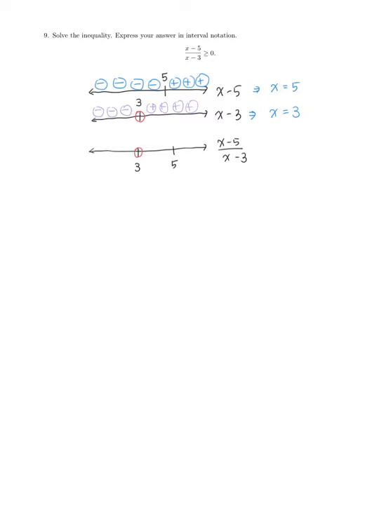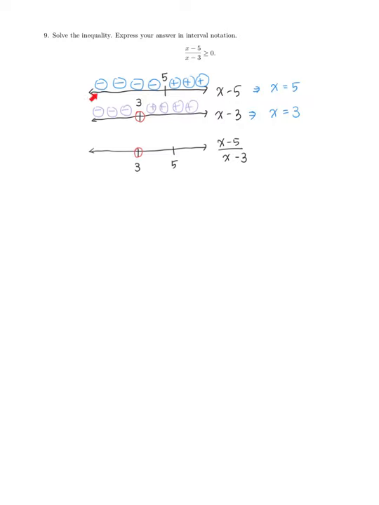Now this is what we need to do. Since this is x minus 5 over x minus 3, remember, if I have a negative over a negative, it becomes a positive. If I have a negative over a positive or vice versa, it's going to be negative. Also, negative on the top over negative on the bottom should give us a positive. So keep that in mind.